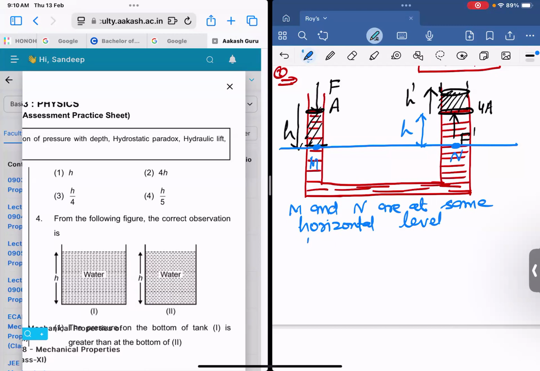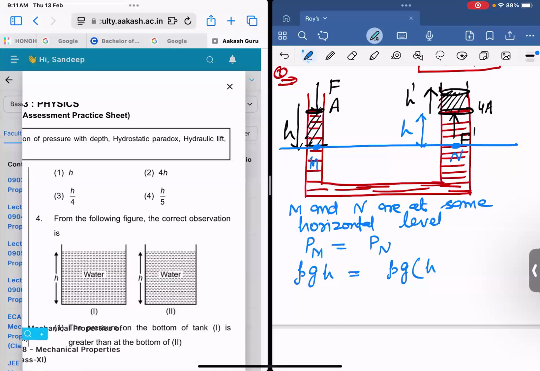So pressure at M should be equal to pressure at N. Now, pressure at M should be rho g H, and on this side it is H plus H dash, so it is rho g.